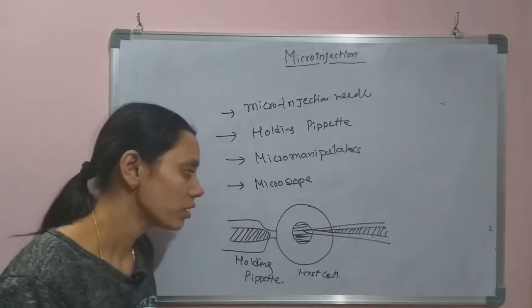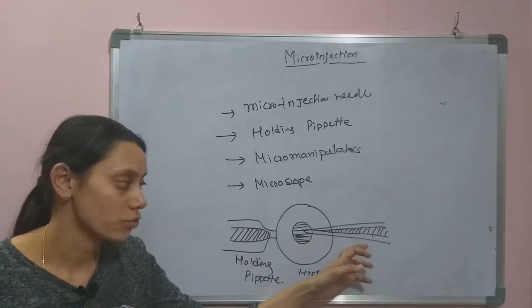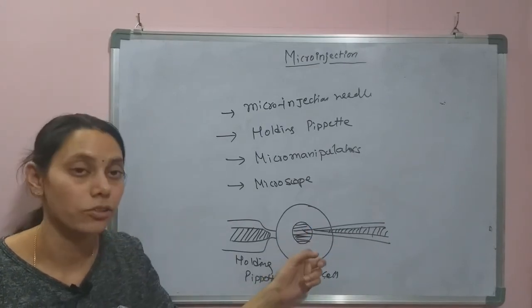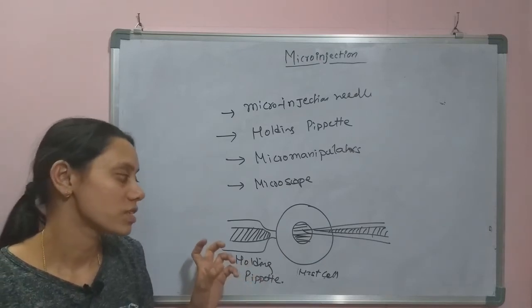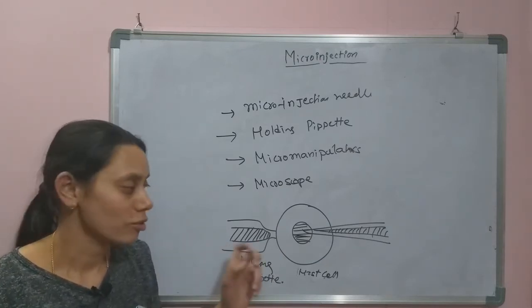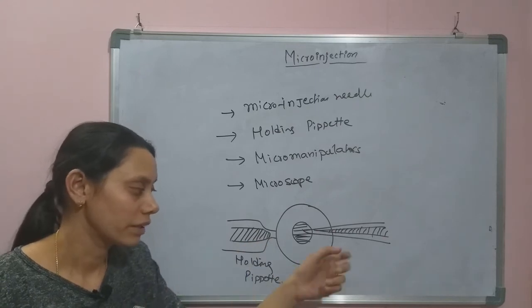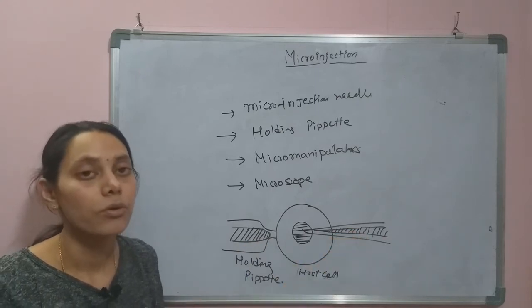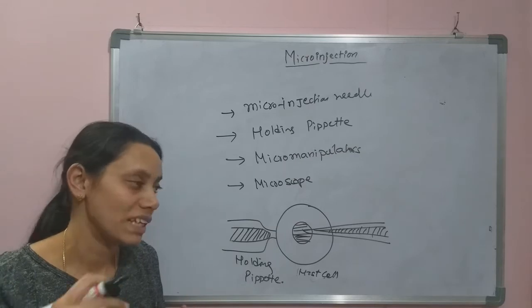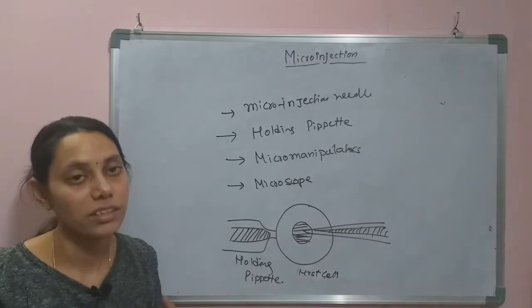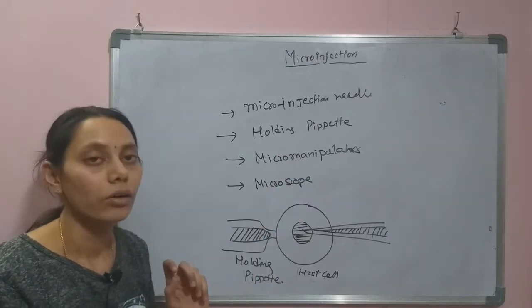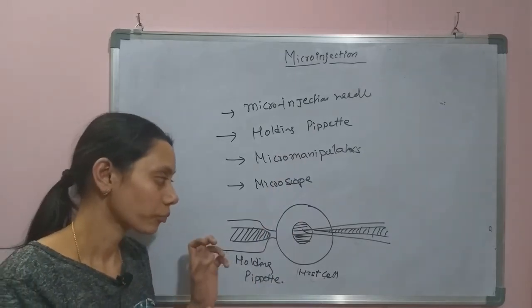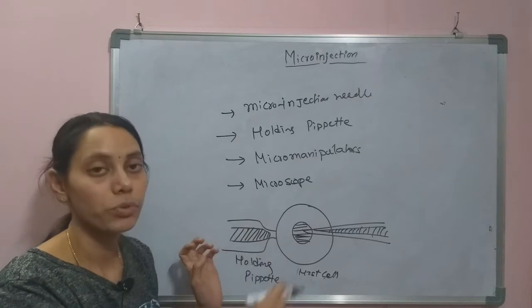This microinjection needle is going to introduce the DNA inside the nucleus of the host cell, and the holding pipette uses partial suction to hold the host cell, while the microinjection needle uses hydrostatic pressure to inject the DNA inside the host cell, and the two micromanipulators are useful to make them into position.